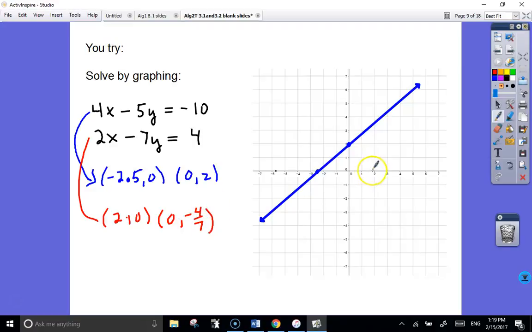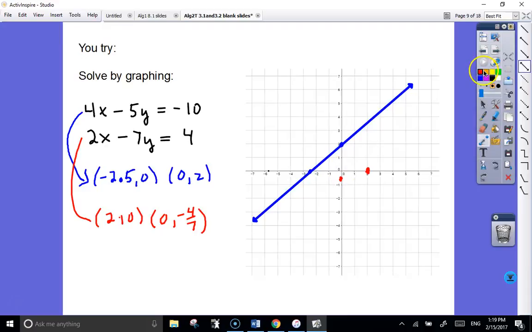So here's these 2 points, 2, 0, and 0, -4/7, which should be just between 0 and -1, closer to the -1. Draw a line. That's my guesstimate of it.